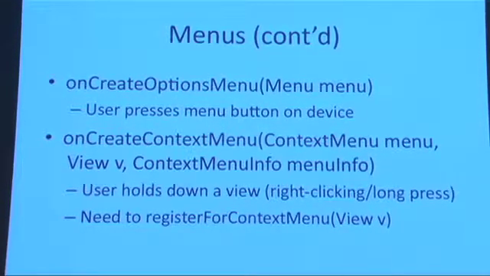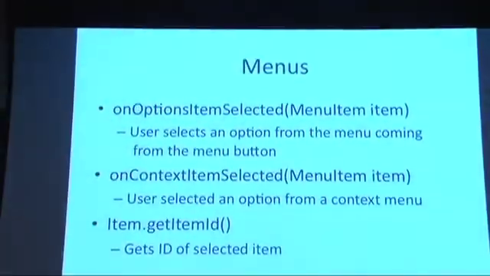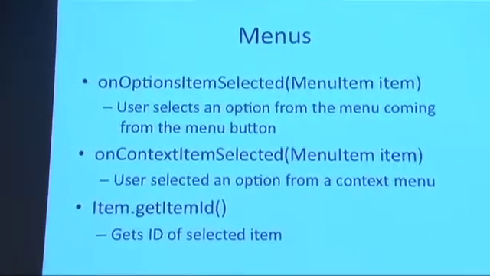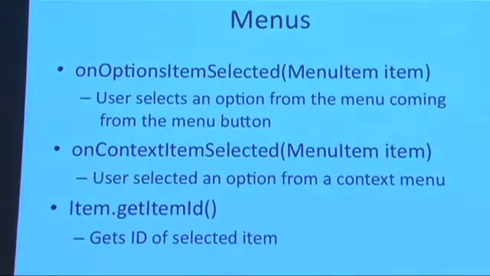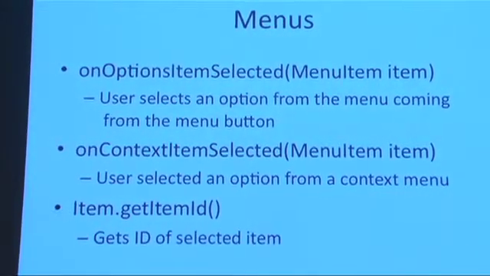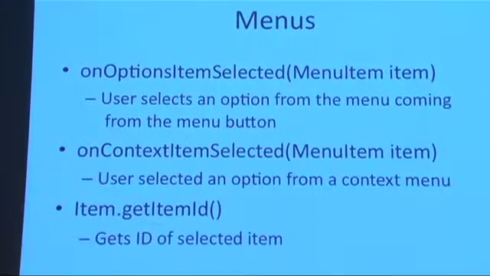Okay, so now we just created the menus, and we actually need to create the items within these menus. So we have onOptionsItemSelected with the menu item being its parameter, and we also have onContextItemSelected for the context menu selection, as said by the function name.